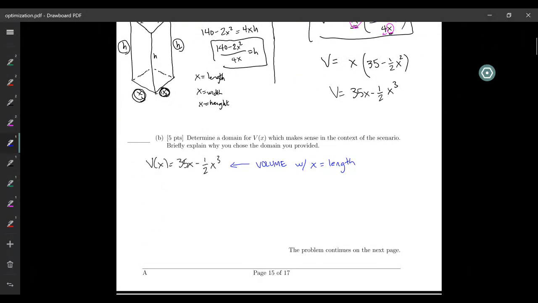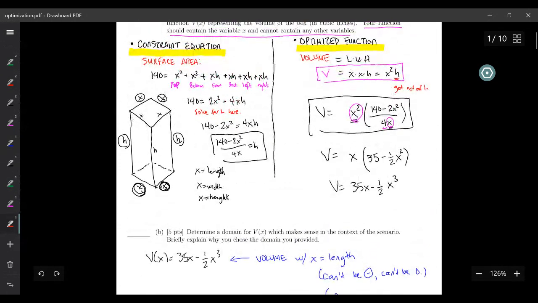Well, x can't be negative. It also can't be 0, right? If you have 0 length, then you have a 0 volume, which is not going to work. That means that your domain will start at 0, and then keep in mind this constraint equation.